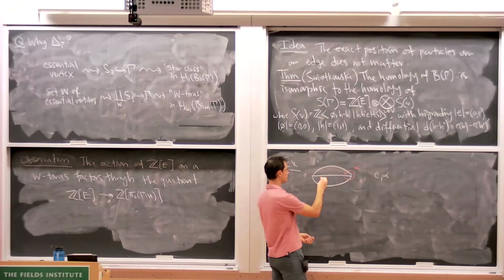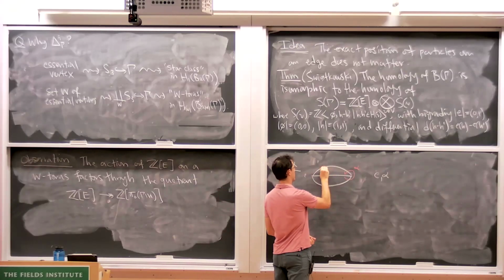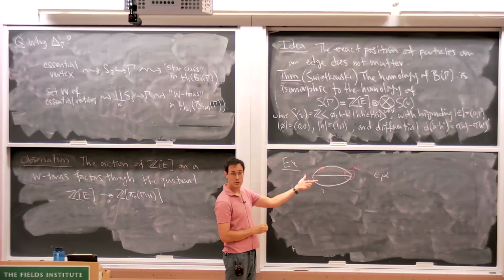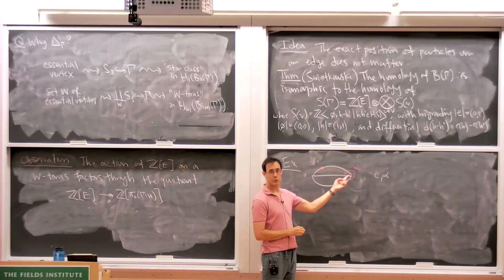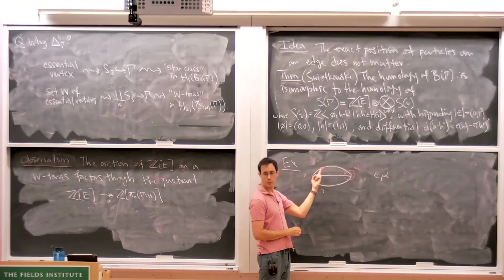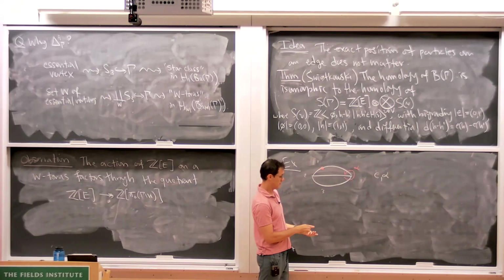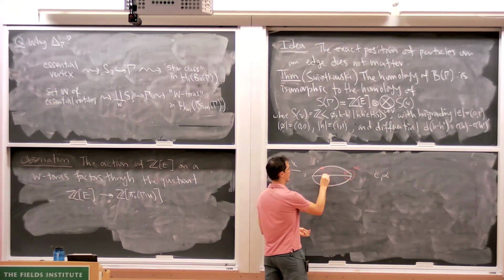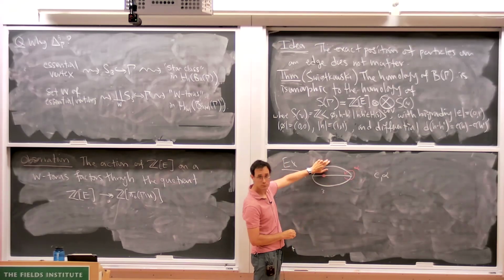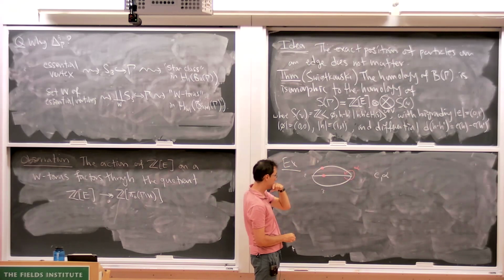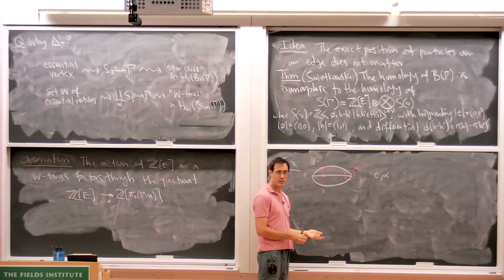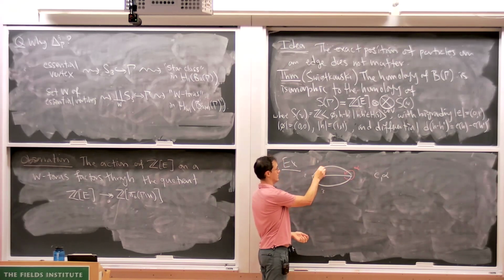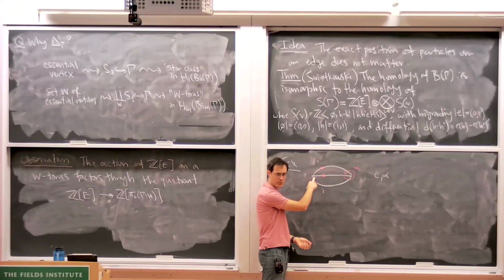E1 times alpha is represented by this configuration, where I have 2 particles orbiting each other over here and 1 particle stationary on edge number 1. E2 of alpha, similarly, would be this configuration, right? And obviously, there is a homotopy between these 2, because there is no traffic obstructing this vertex.